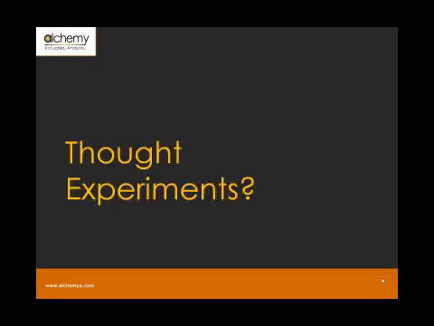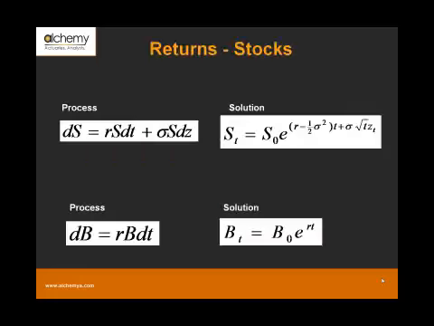Now let's conduct a couple of very quick and very short thought experiments that allow us to understand the application of what we've just done here. There are two terms that I am going to quickly introduce. The first term is what I call drift. Drift is the long-term trend. Drift is the long-term return.